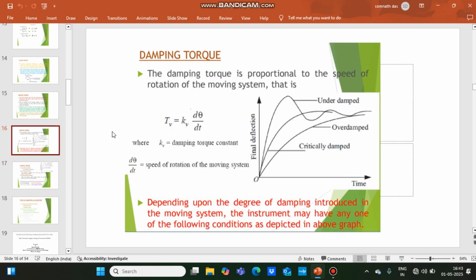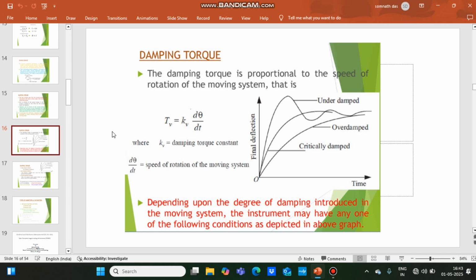The damping torque is proportional to the speed of rotation of the moving system. Mathematically, it can be expressed as Tv equal to Kv d theta/dt, where d theta/dt is the rate of change of the deflection angle with respect to time, and Kv is the damping torque constant.